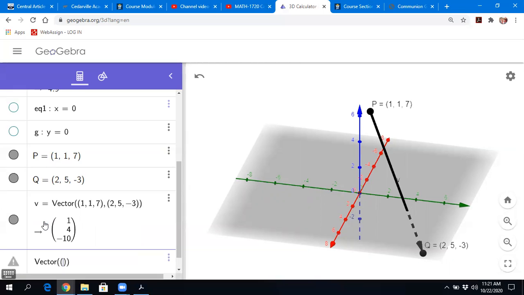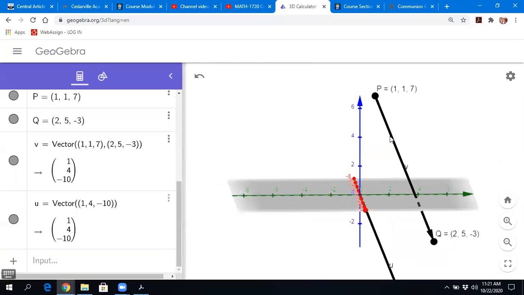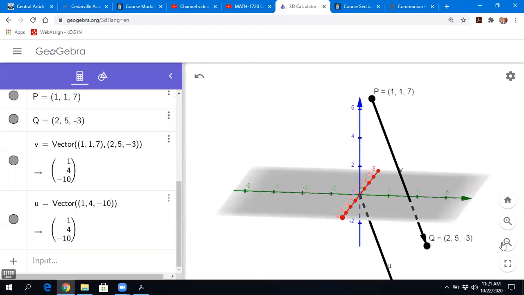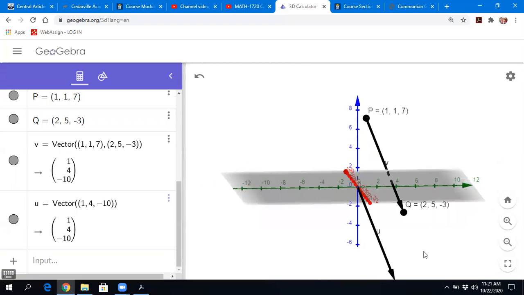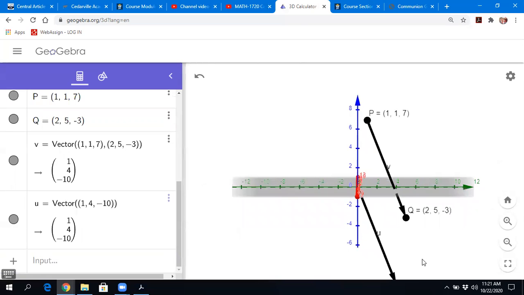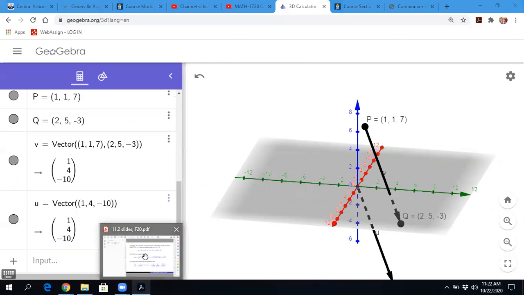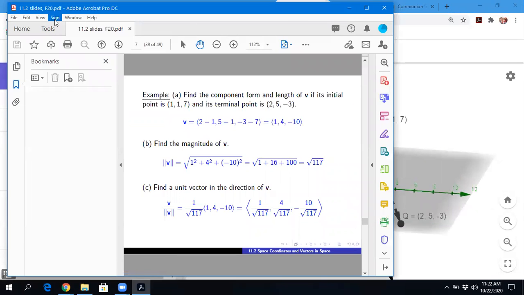What would I put as the terminal point of this thing? Yeah, 1, 4, -10, exactly right. There it is. So there's this thing translated down into standard position. It's the same vector, but it's just emanating from a different point. Make sense? Yeah, that's kind of neat. Moving on.